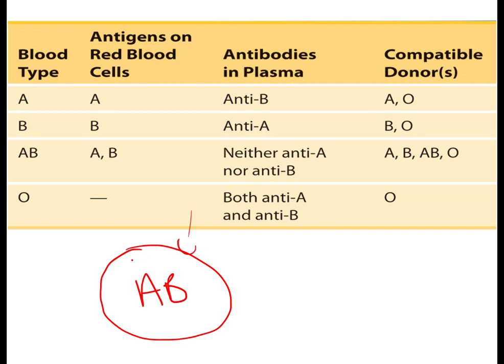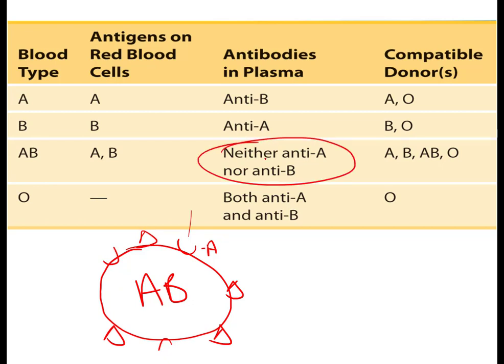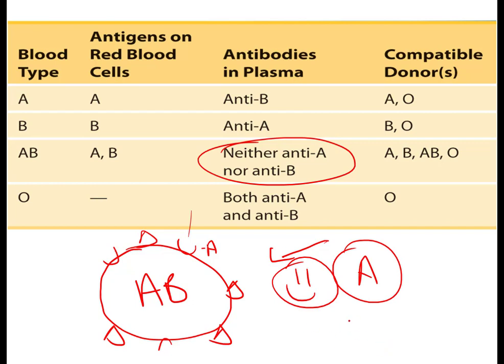Remember, some people have type AB blood. So these people have both A antigens on their blood and they have B antigens on their blood also. So these people have neither anti-A nor anti-B antibodies, which means if you give somebody with AB type A blood, that's fine. Their body can accept it. If you give them type B blood, that's fine.